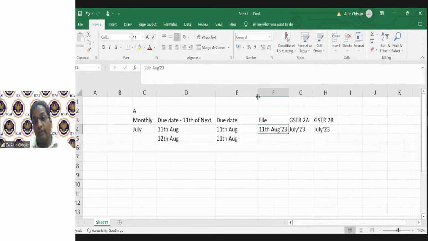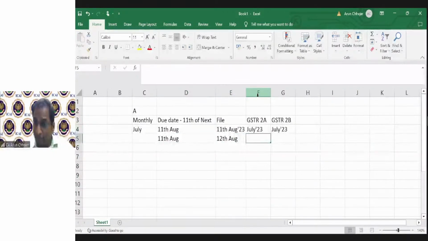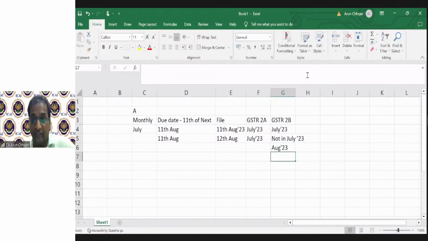Now, he has furnished on 12th of August. Then will it appear in the GSTR2A of the same month? Yes, it will appear in the GSTR2A for the month in which it is reported. But will it appear in the GSTR2B? No, it will not appear in July. It will appear in August 23, and that is the only difference.